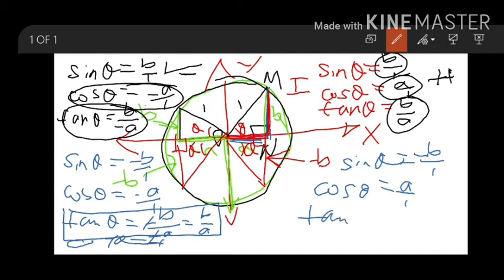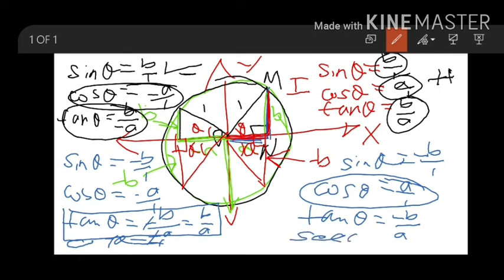Tan theta will give me opposite by base, that is minus B by A. So from here we got that only cos theta is positive. That means the inverse of cos theta, sec theta, will also be positive.